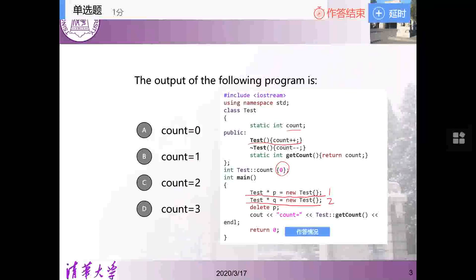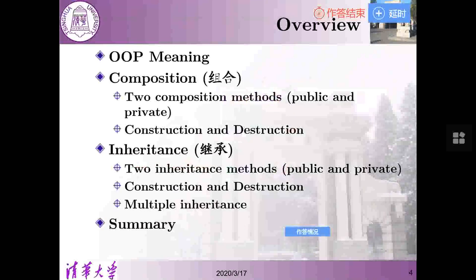So this count is 2. And when we delete one, this destructor is called. So the count is decreased by 1, so it's 1. So when we print it, it should be 1, right? So this is static. Okay.